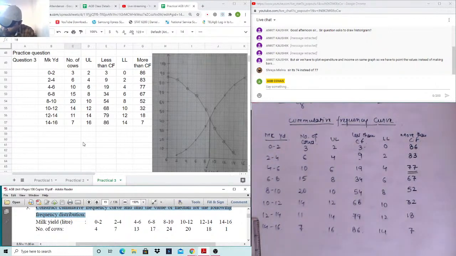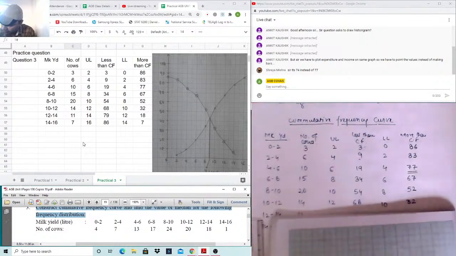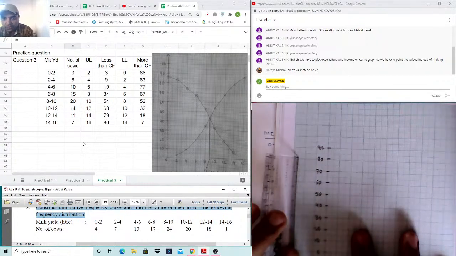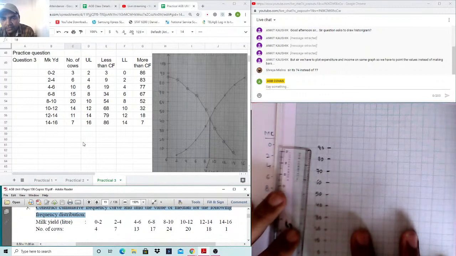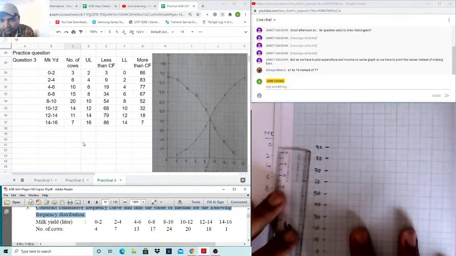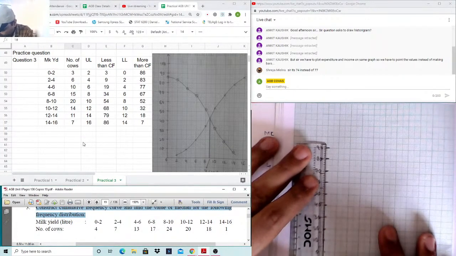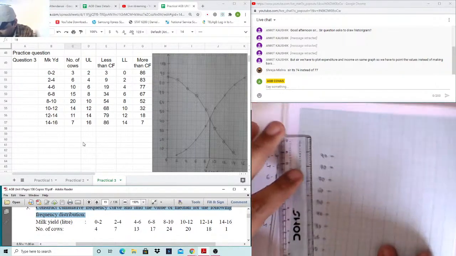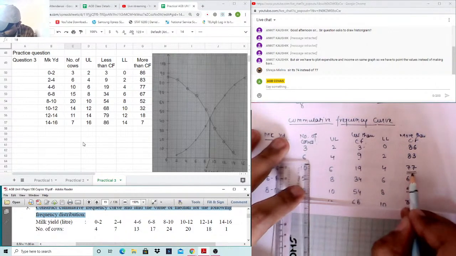Okay, no problem, I will just move ahead. If you are still having confusion, you can write it and I will look into it. What is the confusion? Joya Mishra was writing that it's 74, 27. So let me know. I think we are right. I have written 77 in more than.